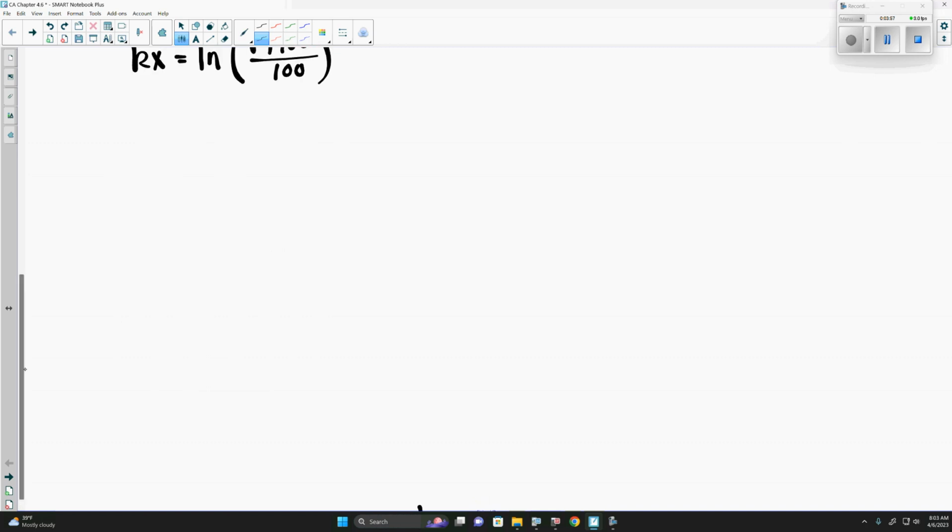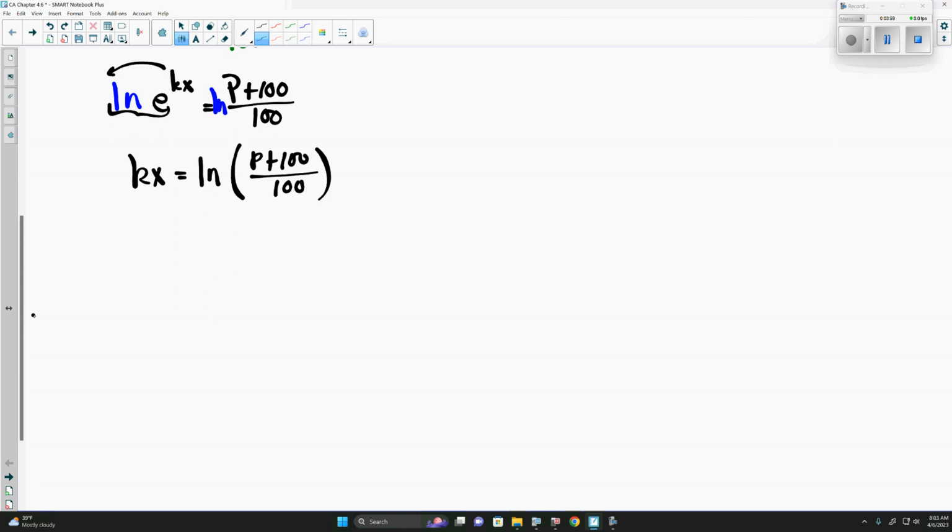Now at this point here, x is almost by itself. The only thing we have left is to divide both sides by k, telling us x is equal to the natural log of P plus 100 divided by 100, all divided by k.